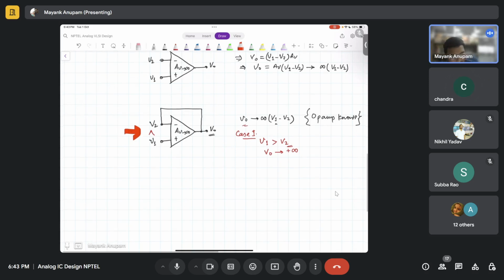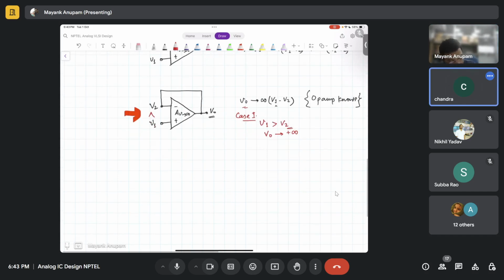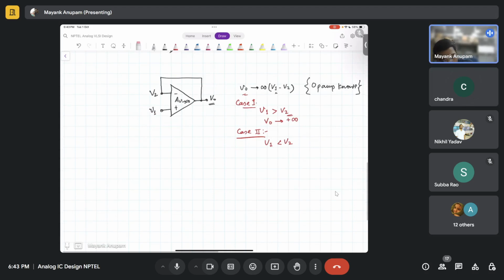Now take another case. Case 2, when V1 is less than V2. Let's assume that V2 is slightly greater than V1. Now if this happens, what is going to happen? It's going to minus infinity, immediately.